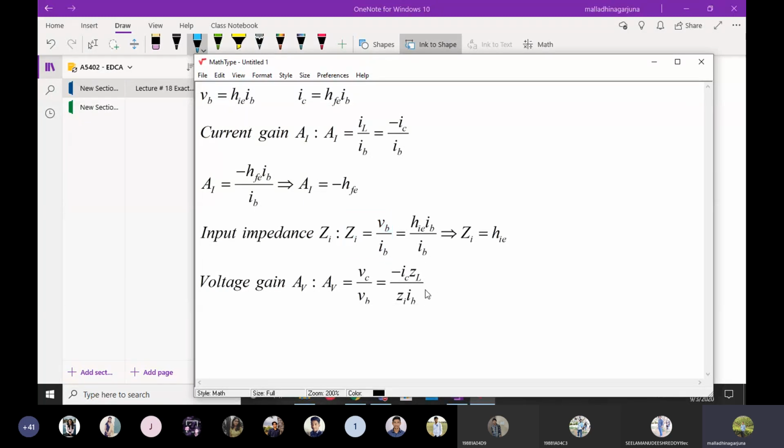So minus IC by IB is nothing but the current gain AI, and you can write AV equal to minus AI into ZL divided by ZI. It's clear. So that is voltage gain.